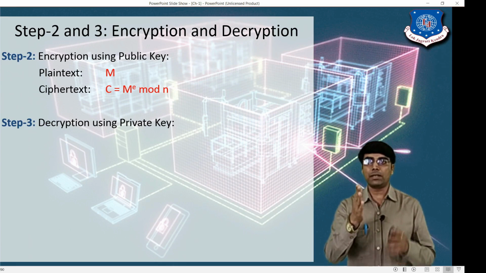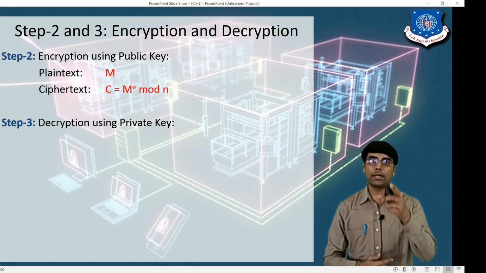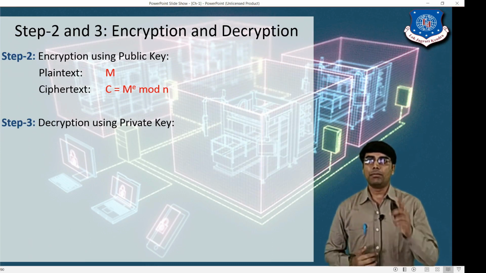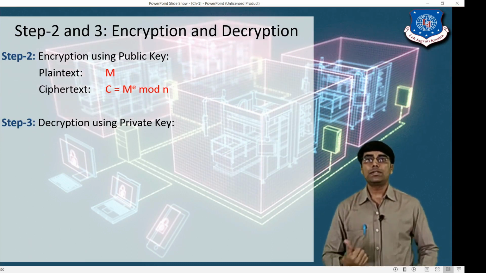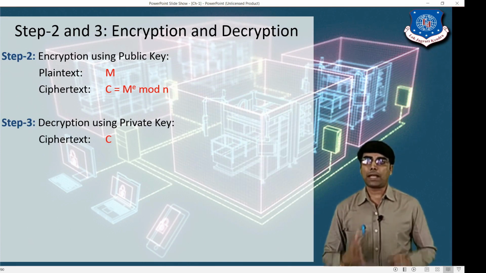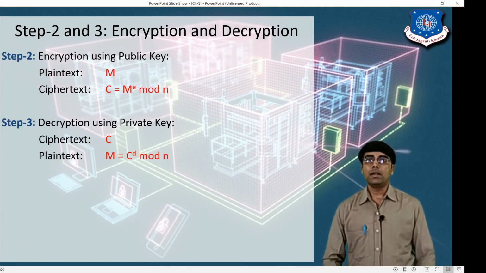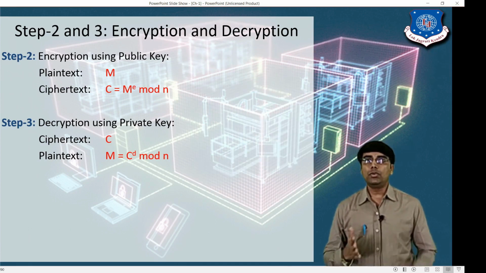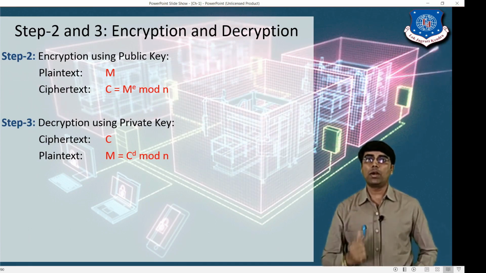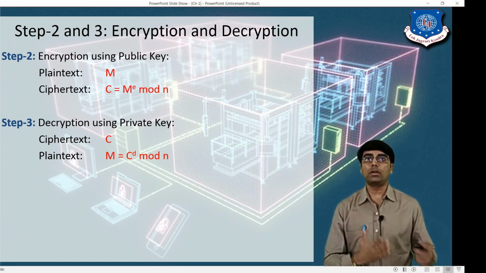So here C is the cipher text, M is the plain text, and e is the encryption key, mod n. Now the same for decryption using the private key. Here the cipher text is C, and the formula to decrypt the message is M equals C raised to d mod n.